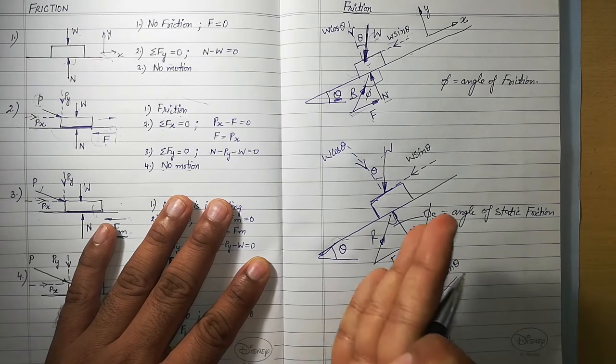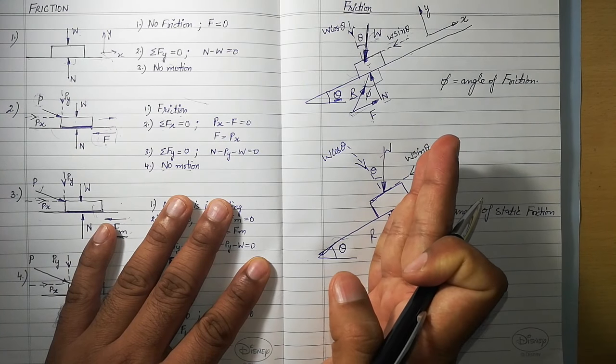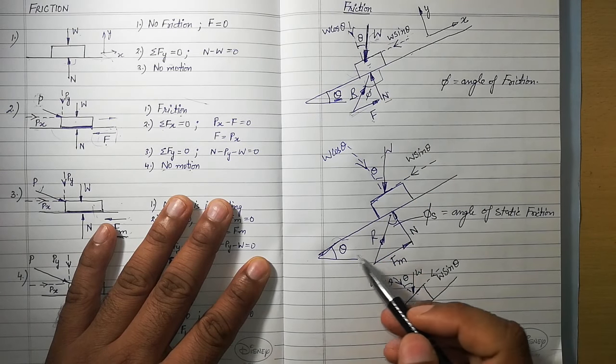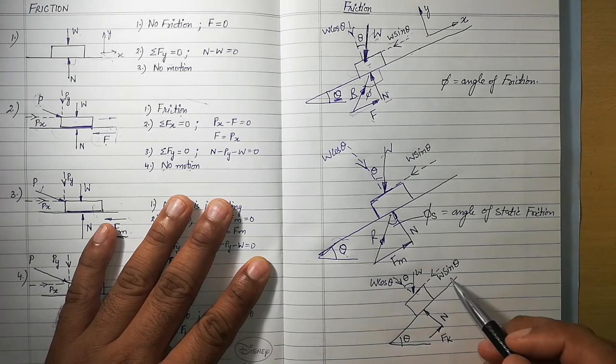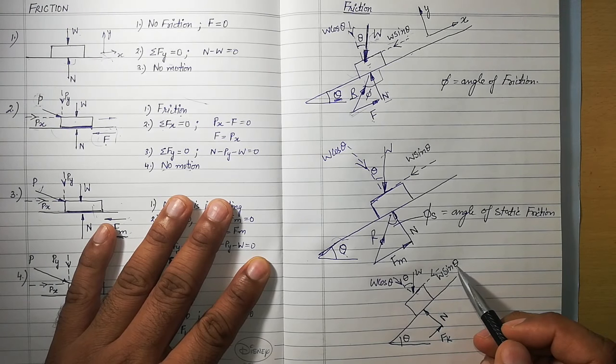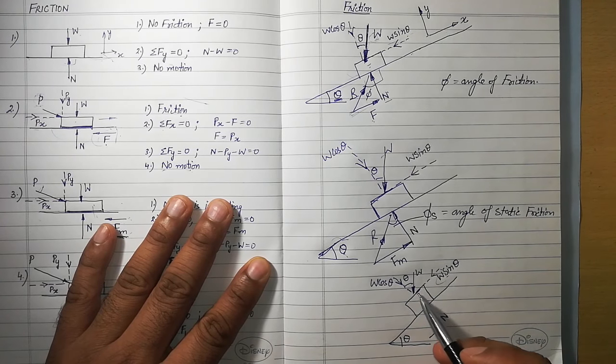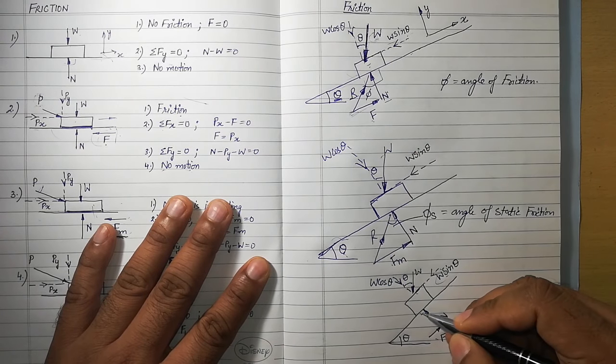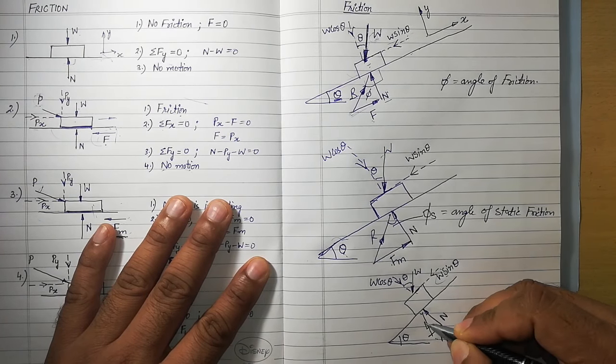And you see, earlier the total reaction was able to balance W, but now as the angle is increased, the W sine theta component is increased, which has resulted in the motion of the body. So static friction is converted into kinetic friction, which is always lesser than the static friction. So this vector will reduce, then the total reaction will also change its direction. It will be like this, R.